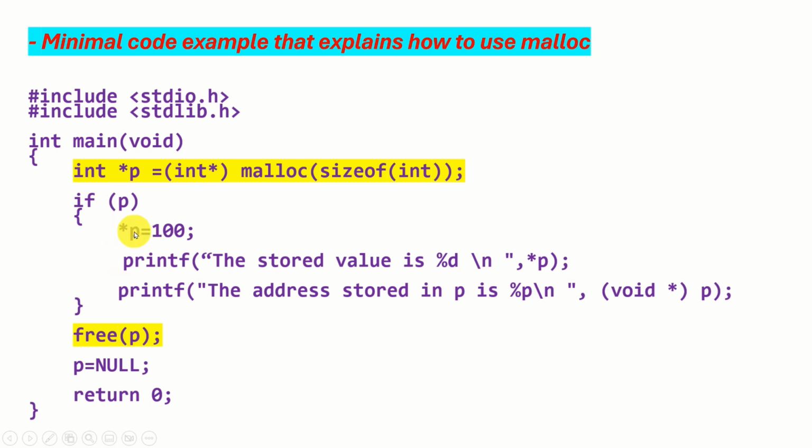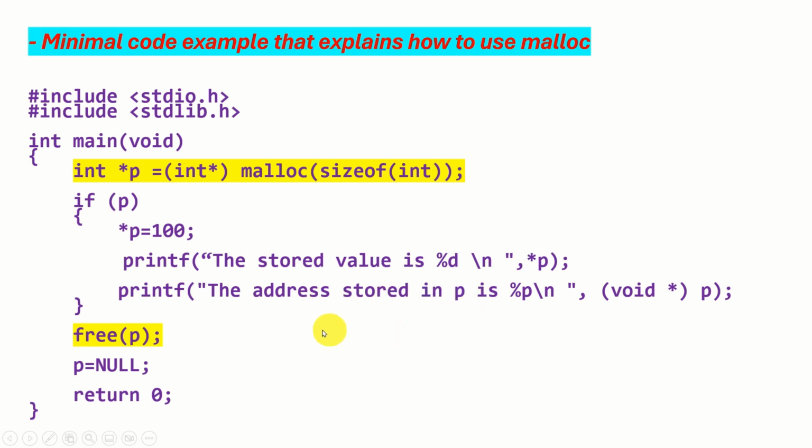Then over here we say that the address that p points to should store the integer 100. And over here we print the stored value, and we also print the address that's stored in the pointer p.